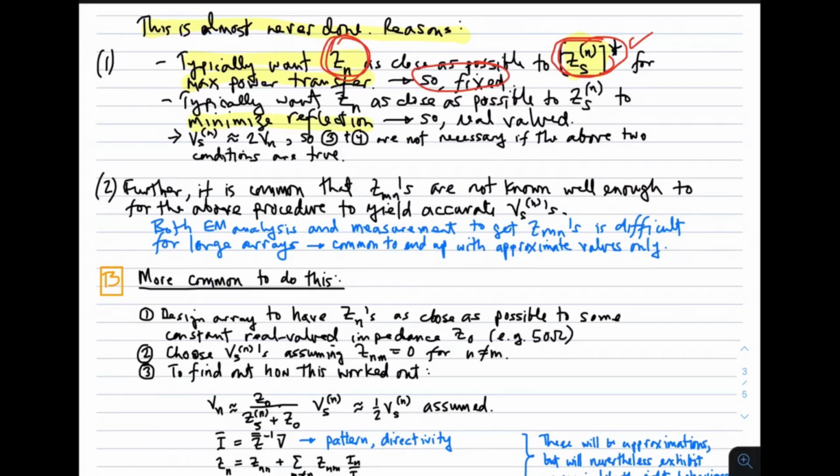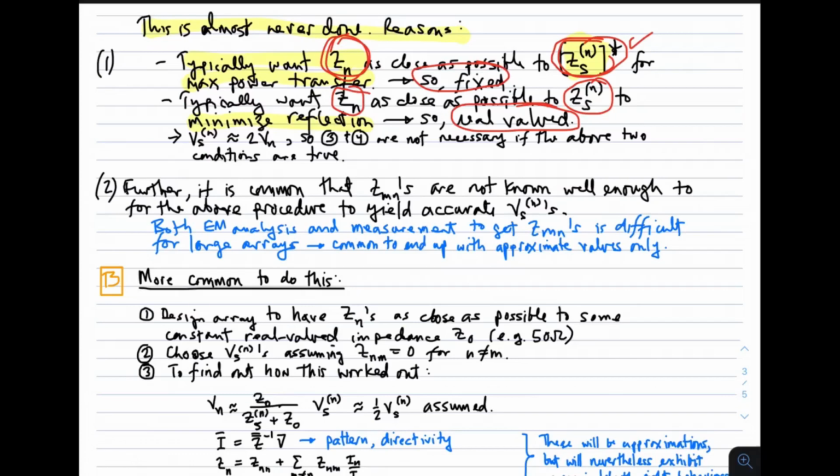And in order to minimize reflection, you don't want conjugate matching, you want those impedances to be equal. So if you want both of these things to be true, in other words, maximum power transfer requiring conjugate matching and minimum reflection requiring equal impedances, then you're going to want a real valued active impedance.